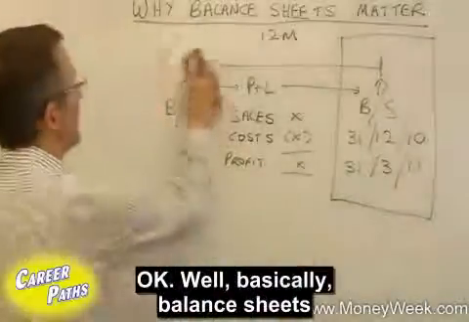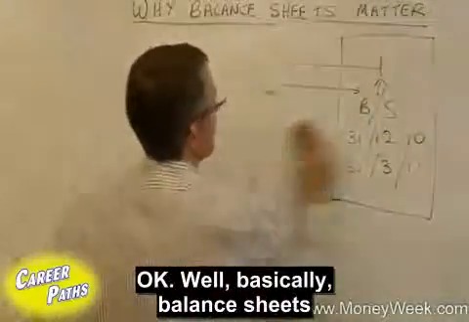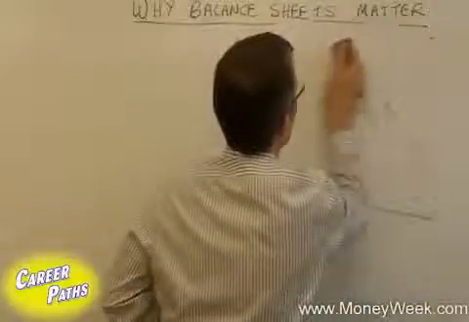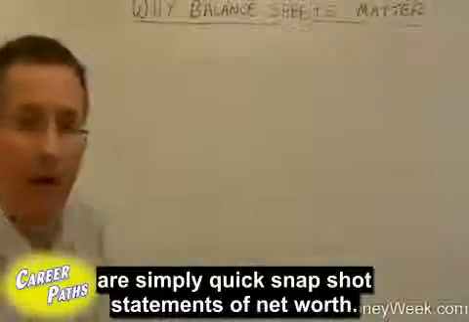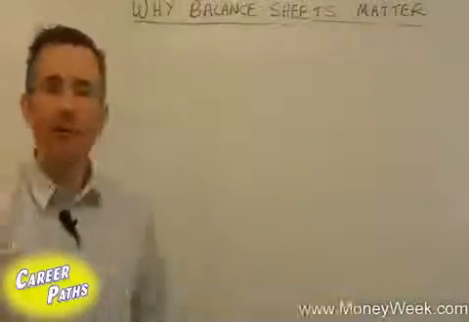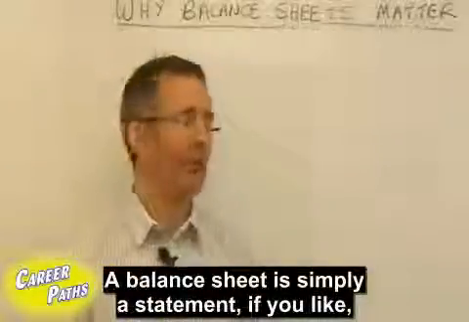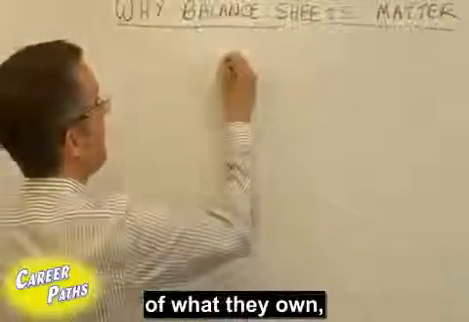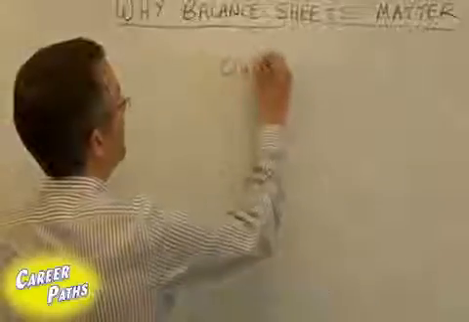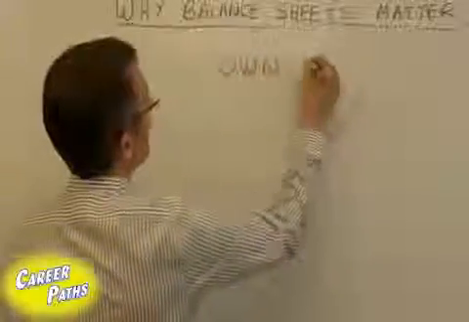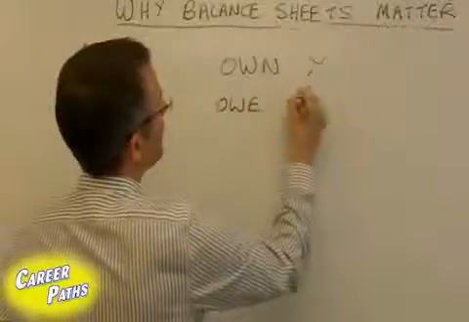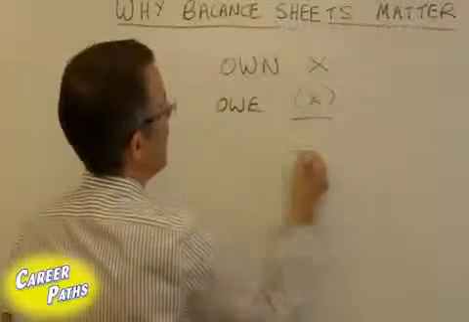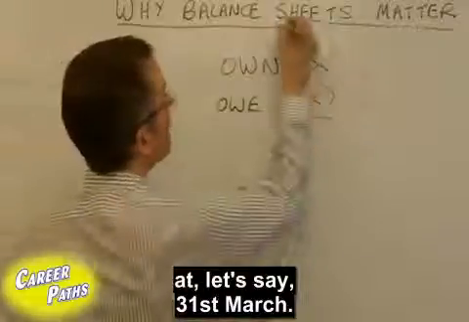Okay, well, basically, balance sheets are simply quick snapshot statements of net worth. So, sounds very flash, actually very simple. A balance sheet is simply a statement, if you like, of what they own minus what they owe other people at, let's say, the 31st of March.